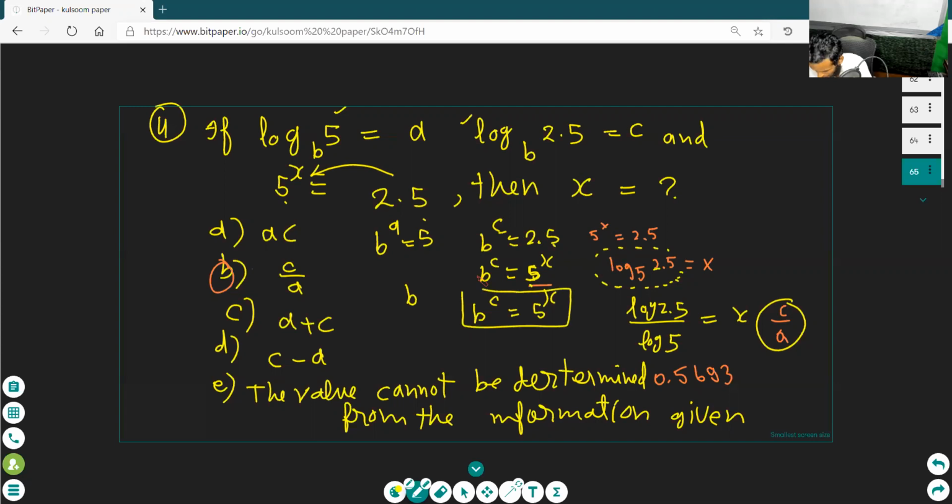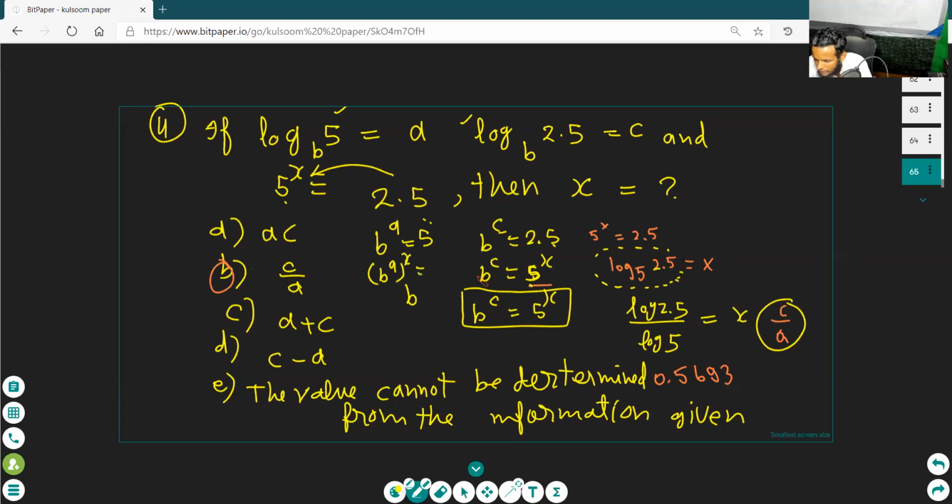We want to make this b to the power A equal to 5 to the power x. Then we will make an equivalence. This is b to the power A is equal to 5, then we take the power x on both sides.